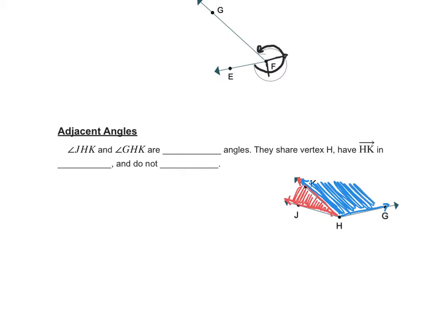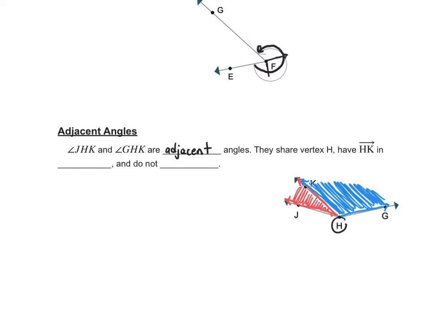And so that angle right there, they are adjacent angles. And they're adjacent angles because they are next to each other, and if you notice, they have a vertex of H, so they both share H, and ray HK in common.